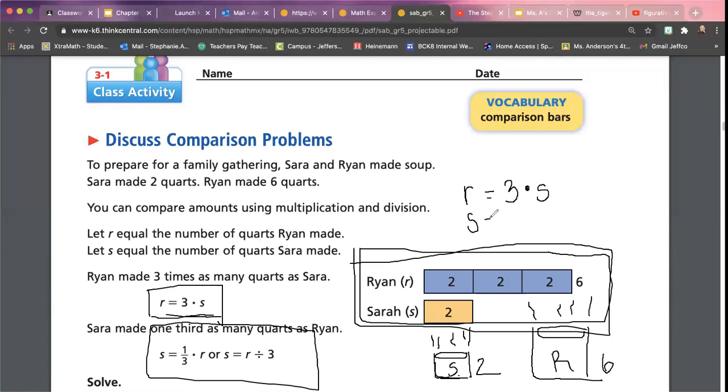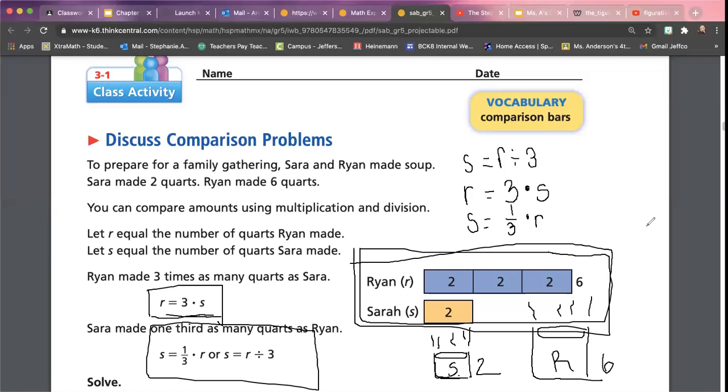We could write it as multiplication, we could write this as multiplying a fraction, or we could write this as division, taking Ryan's and dividing it by 3. So here's 3 different equations that all mean the exact same thing. Sarah's equals Ryan's divided by 3, Ryan's equals Sarah's times 3, or Sarah's equals 1/3 times Ryan's.